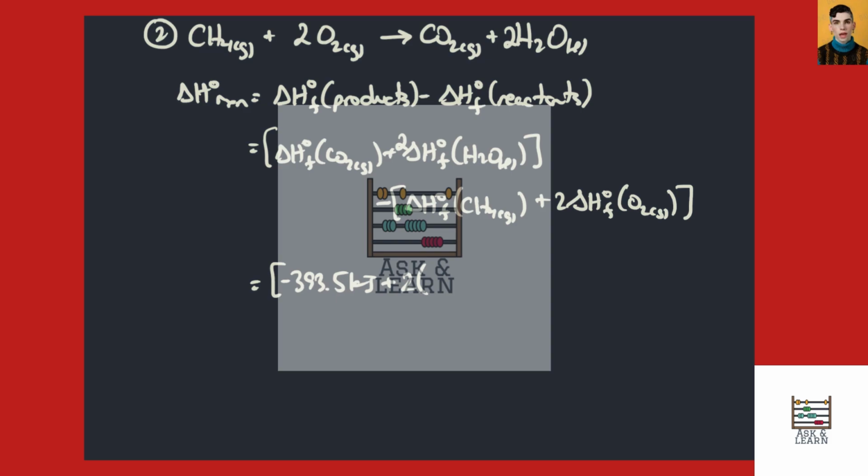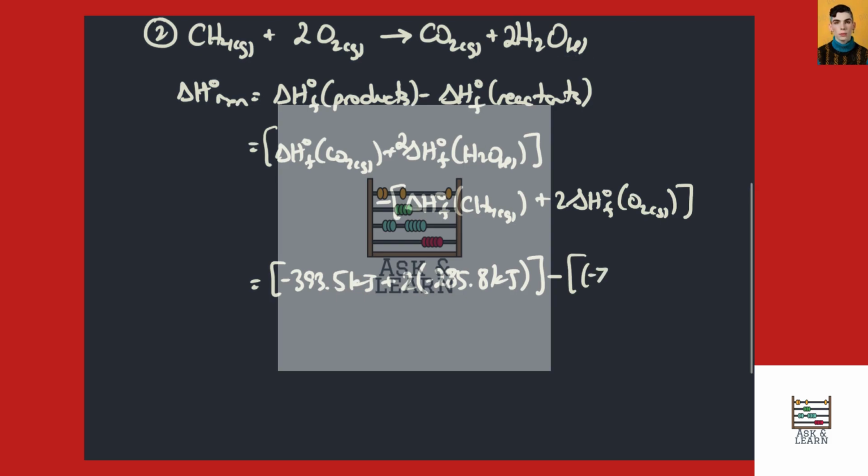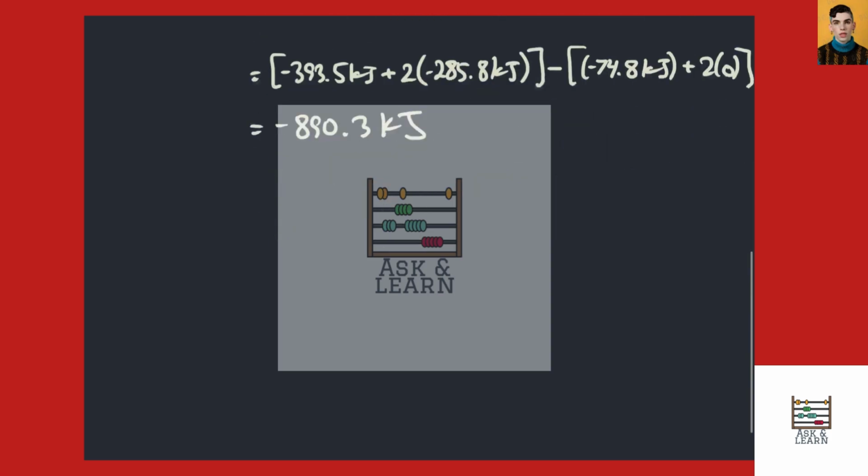Plus 2 times negative 285.8 is the delta H naught formation of H2O liquid, minus delta H naught formation of CH4, which is negative 74.8 kilojoules, and delta H naught formation of O2 is 0. This works out to negative 890.3 kilojoules for the delta H naught reaction for number 2.